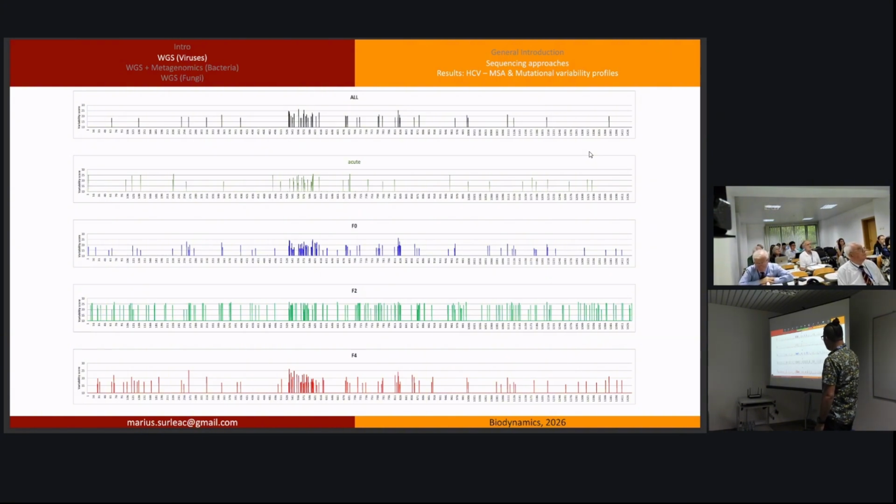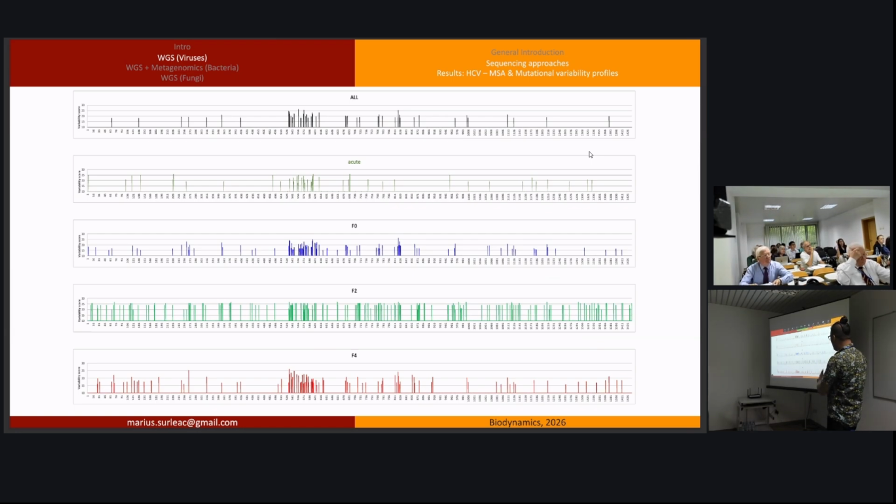HCV genomes in different fibroses, and we have multiple alignments, and to look into the mutational profile to see how those mutations affect the virus fitness, we can do some variability profiling based on the mutations that we have. And we have different regions that are highly mutated or different regions that are conserved, like these ones that don't have any peaks.